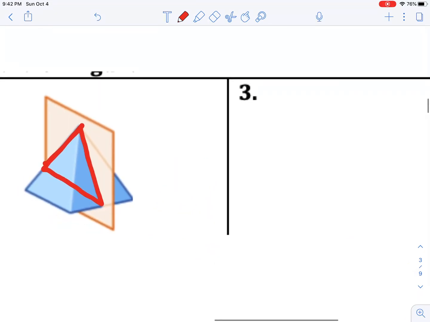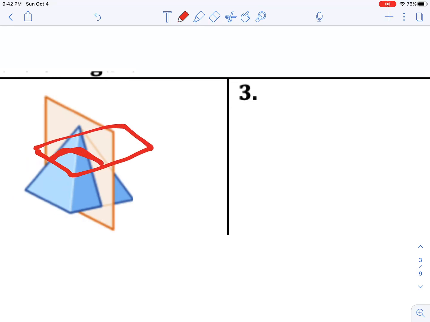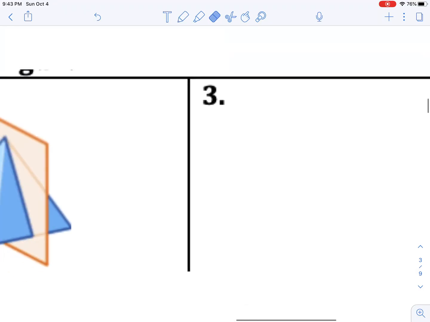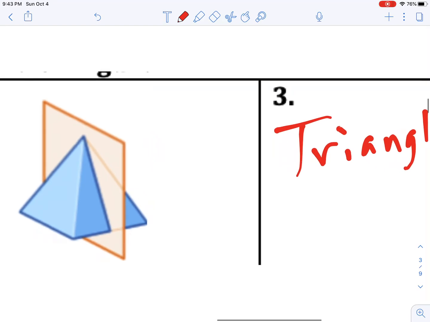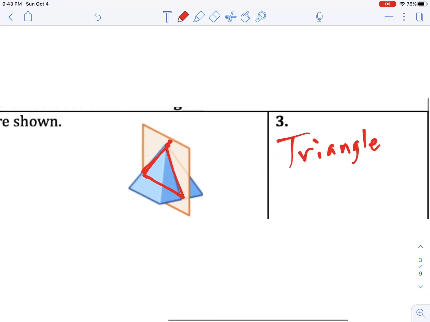If it was asking if we chopped off the top of the pyramid and had our sheet going like this through and made that cut, then we would be looking at a square. Okay, but in this case, since it's going straight vertically, we are looking at a triangle. So it's just that 2-dimensional shape of this piece right there. That's what we'd be looking at. It's a triangle. That's how it's cut.